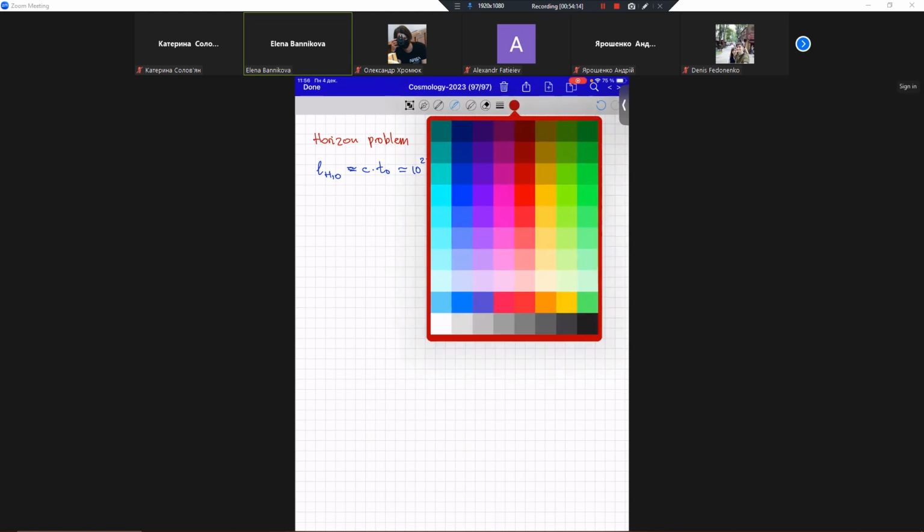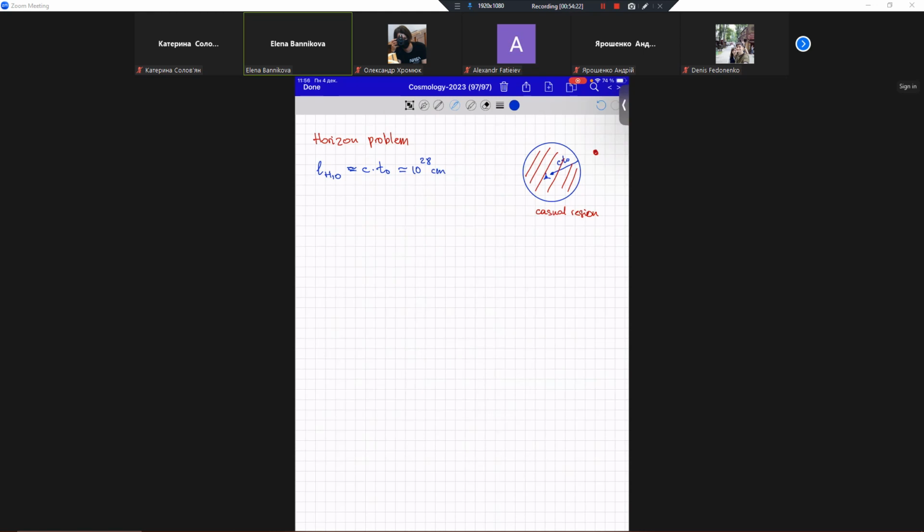And if we look at the causally connected region, which size this region had, for example, at the Planck scale. So I want to find this. I will keep here 0 just to remark that this corresponds to our region which we observe now, and let's go into the past to the Planck time.